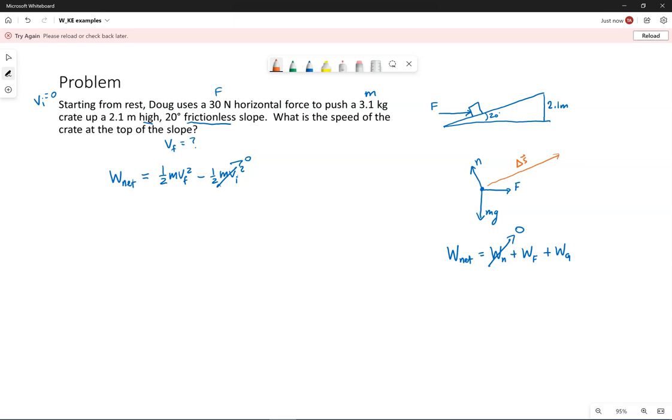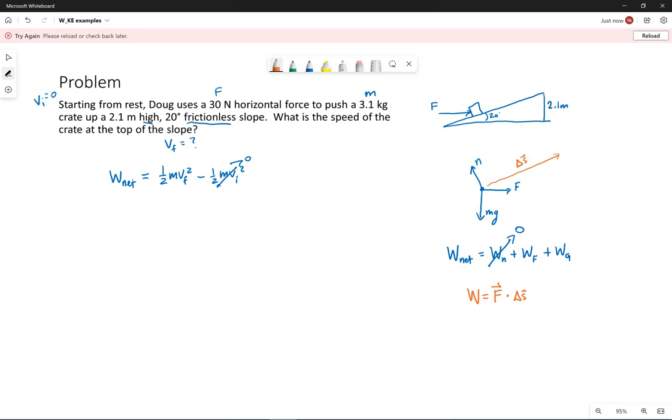Now, we know the pushing force, since they say it's 30 newtons, I'm going ahead and assuming that that is constant the whole time. Force of gravity is constant. The work done by a constant force is the force dotted with the displacement.